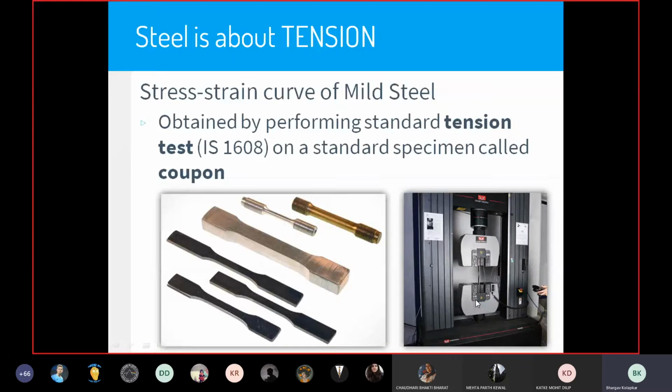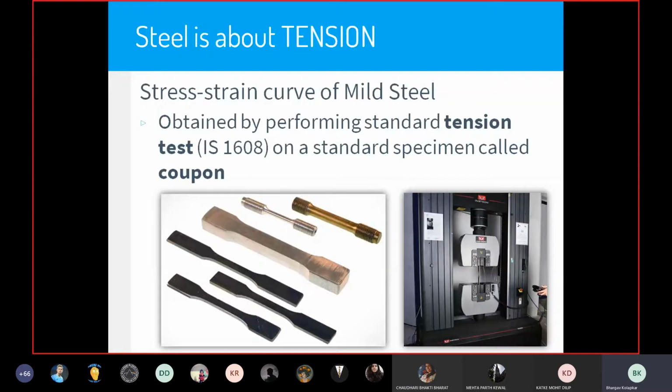If I want to test how much tension it takes, do you think these clamps should move towards each other or away from each other? Away from each other. Yes, straightforward, right? Only then we can know how much resistance it is offering and how much elongation it undergoes. So the upper clamp moves upward, by virtue of which we can elongate or stress the sample.